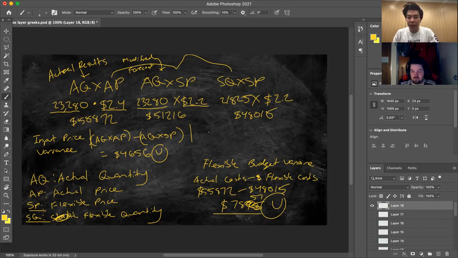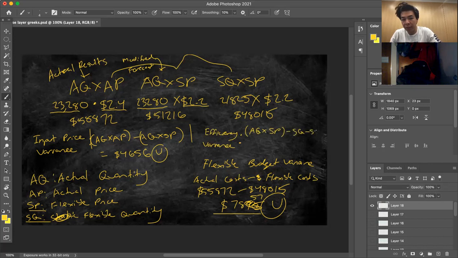Okay, now let's do the other variance. This is called the efficiency variance. And that's going to be 51,216 minus 48,015. So it's going to be AQ times SP minus SQ times SP, all under absolute values.